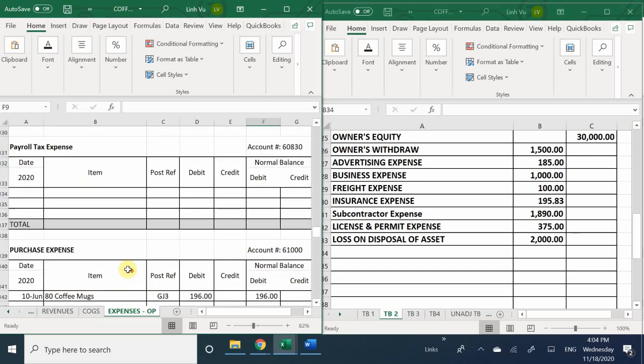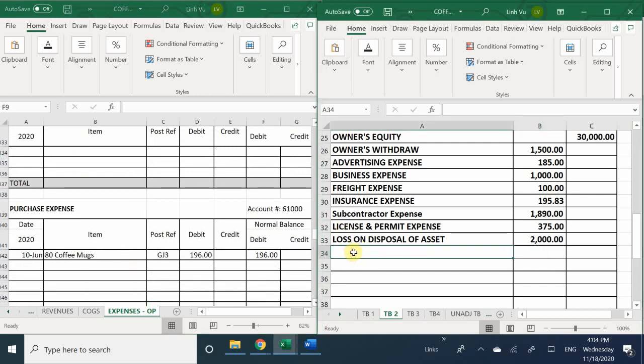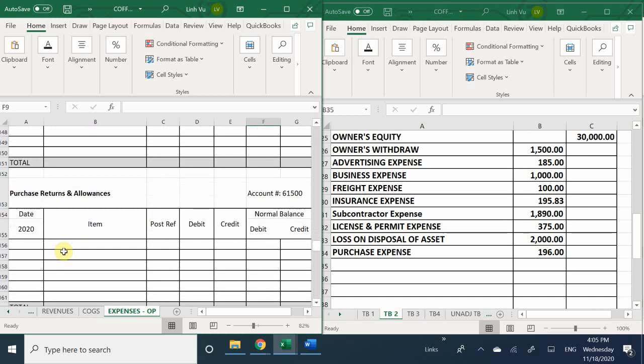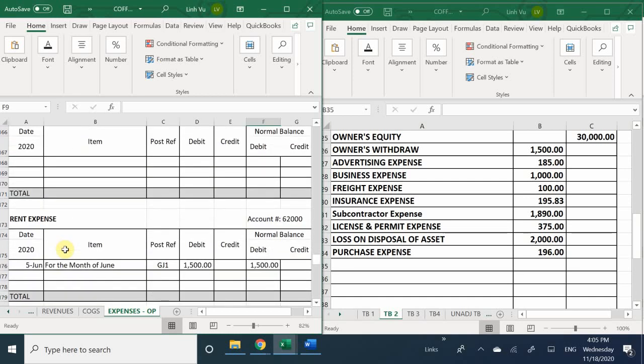Next here is, do we have a purchase expense? Yes, we did. Purchase expense for how much? 196. Okay. We haven't encountered any purchase returns and allowances, nor purchase discounts.